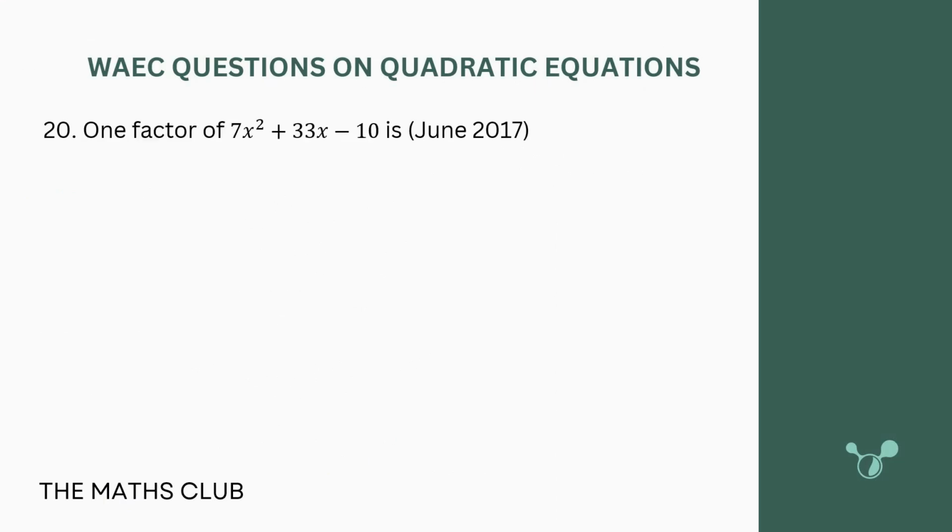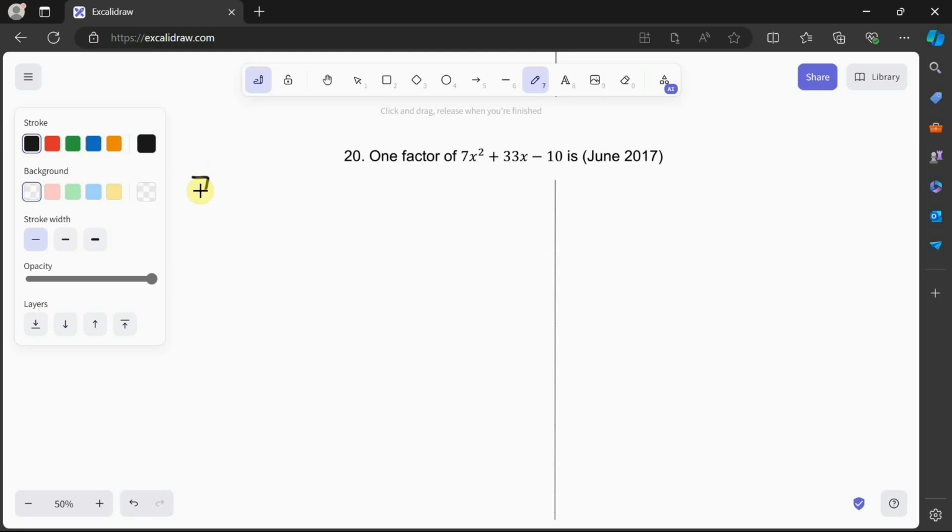Option 20 says that one factor of 7x squared plus 33x minus 10 is, so they will give you some options, but let's just solve this together. We're told that 7x squared plus 33x minus 10, if I join this, that will be minus 70x squared. So I'm looking for two values that when I multiply, will give me minus 70x squared, and when I add, will give me 33x.